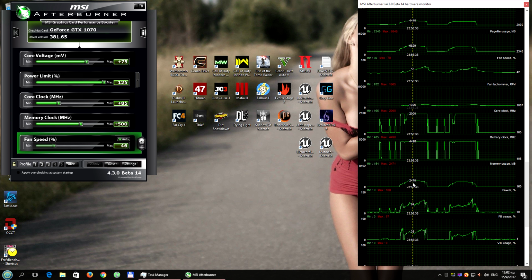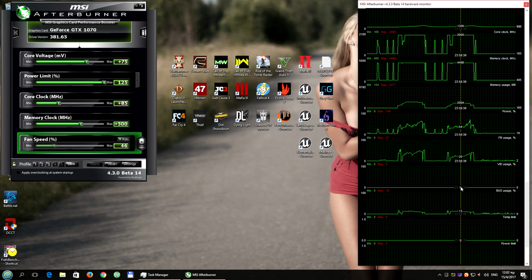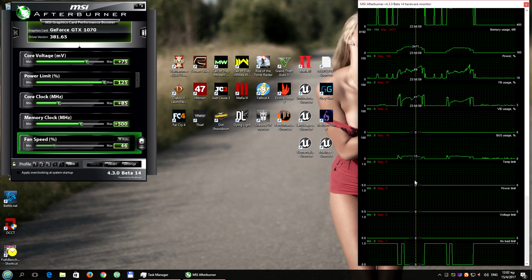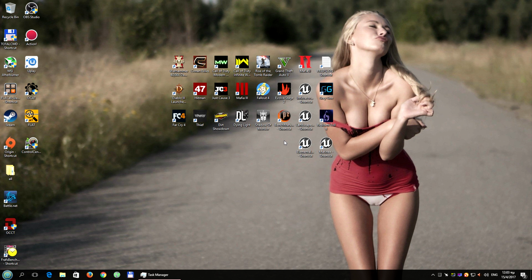Memory usage is at 2.5 GB for the super sample test, 2.1 GB for the non-super sample test, and that's it basically. No analysis for this benchmark. I'm trying to keep things simple. The benchmark itself is sufficient.